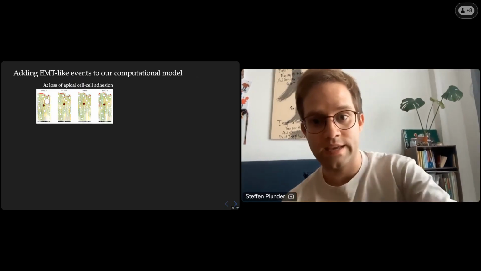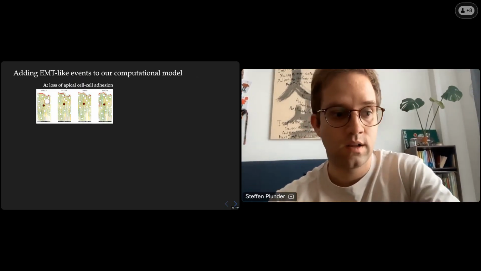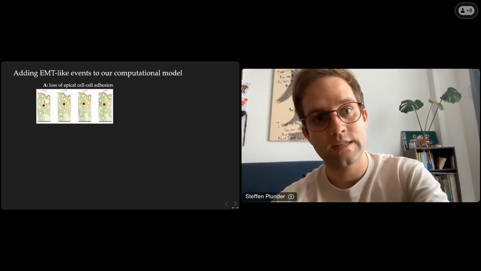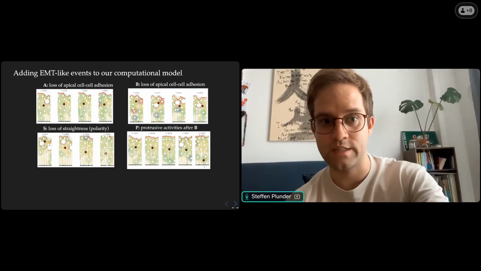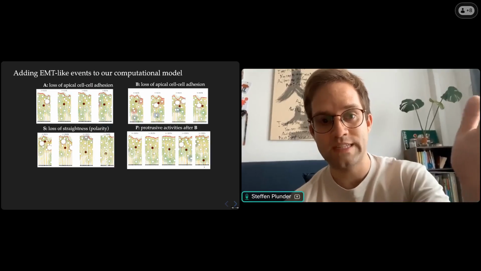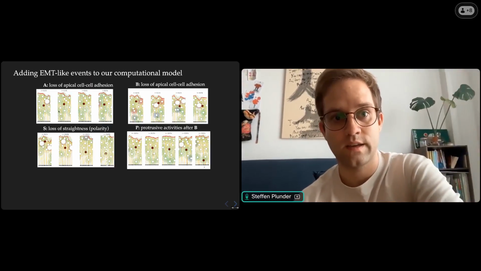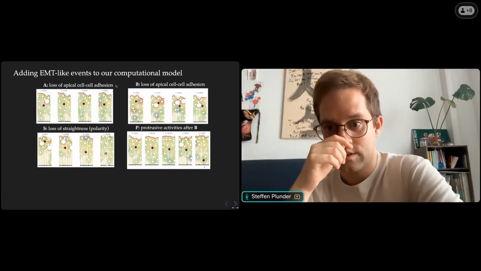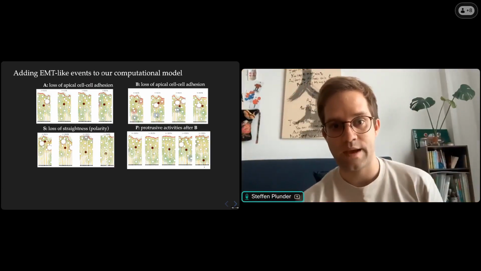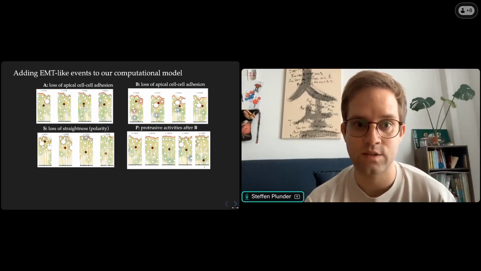Yeah, so how do we add EMT to this model? The first part is that we have to introduce the biological phenotype changes. So a mesenchymal cell is not attaching to the apical layer anymore. So what we do is we just cut the apical springs and allow these cells to remove.